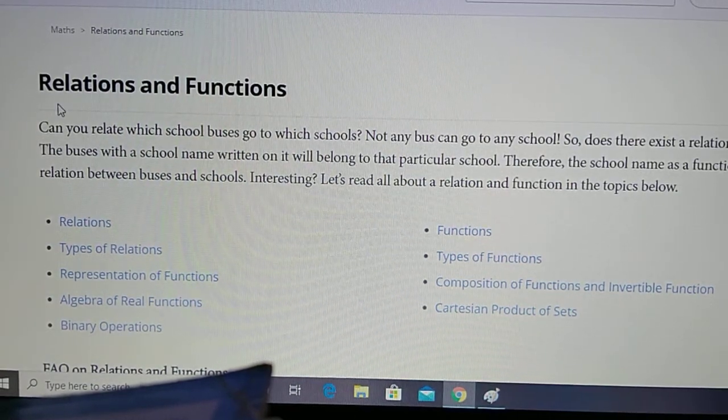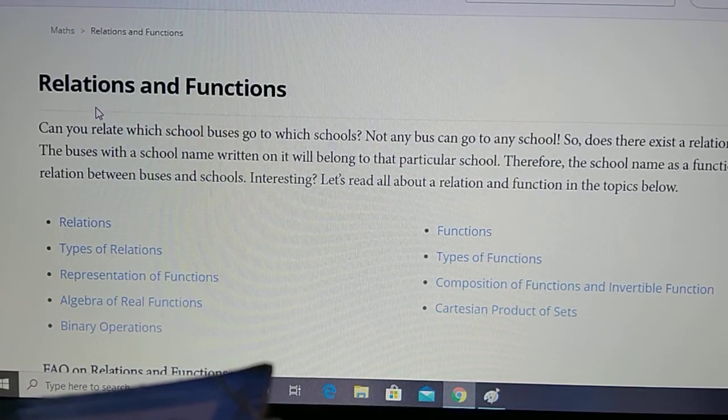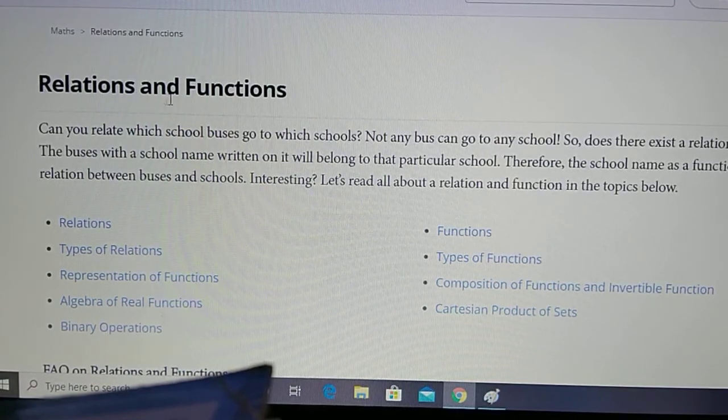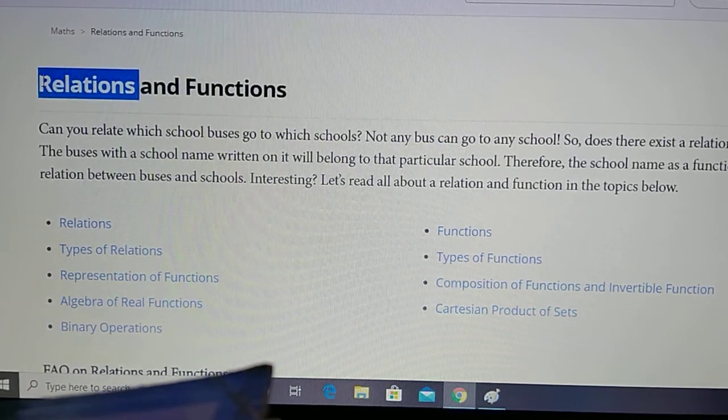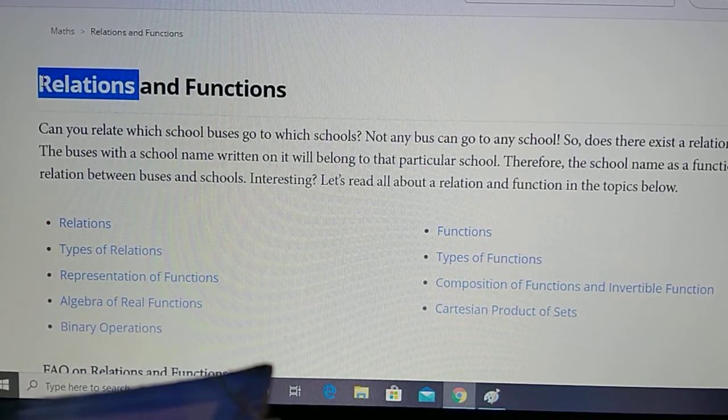Today we are going to start one of the very important topics, which is relations and functions. Although you may have read a couple of things in your school. So the relation itself, what does it mean? Relation means the combination of two things.